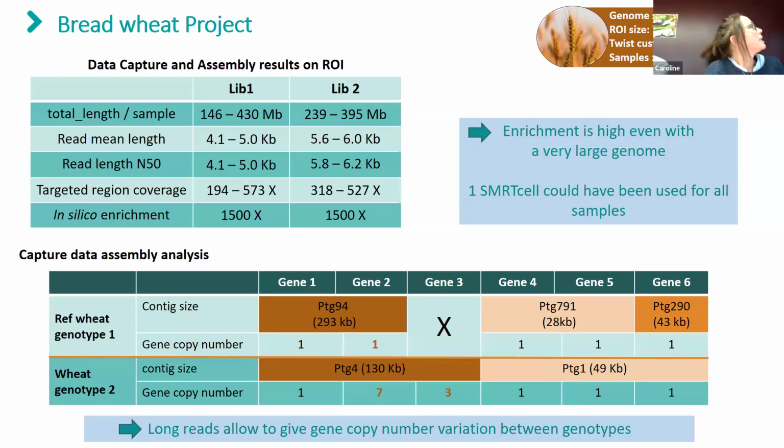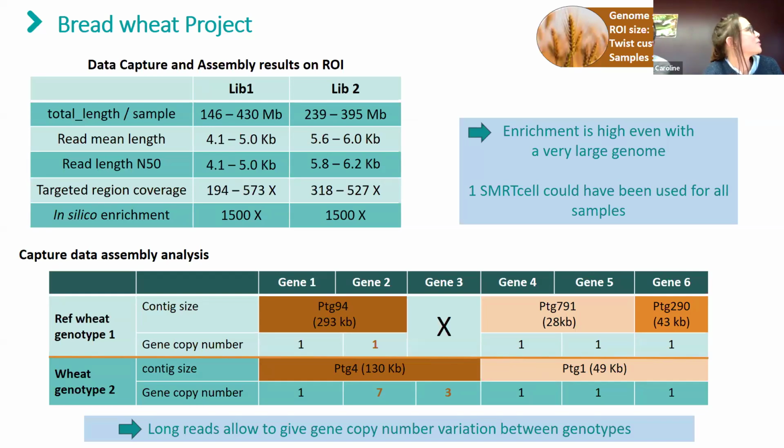Like the maize project, we recovered between 140 and 430 megabases of reads mapping to our region of interest. And we obtained a strong enrichment of the target region with a coverage between 190 and 570x.